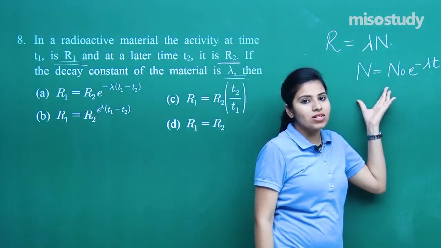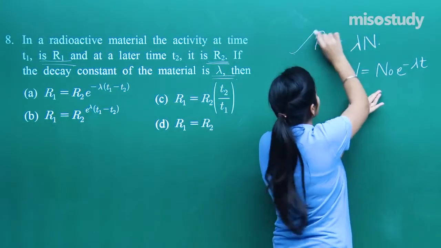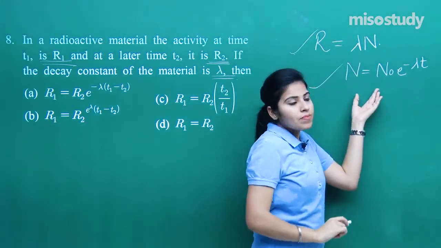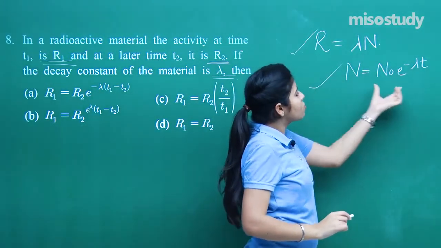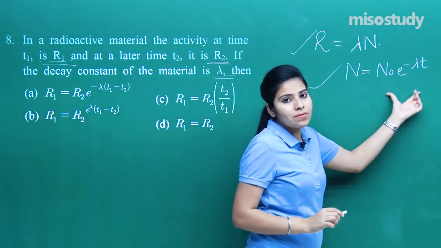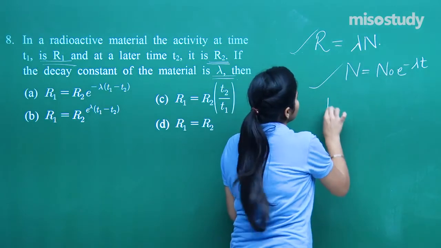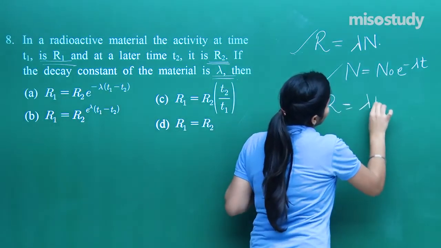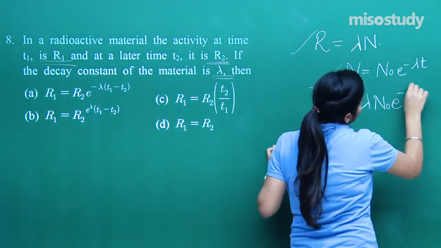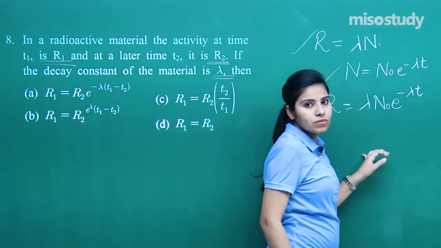These are the two important relations from the chapter radioactivity. Putting this value of N into the equation, we have R equals lambda N naught e raised to the power minus lambda t.